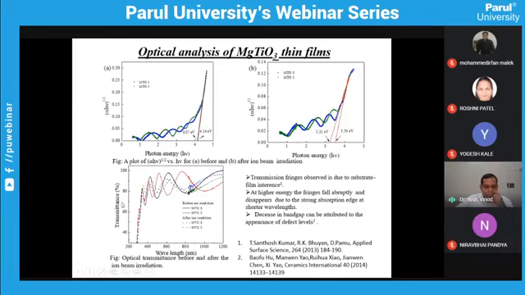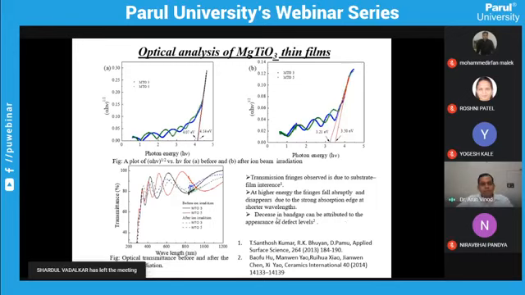We can see some transmission fringes, and this is mainly due to the substrate-film interface. This decrease in band gap can be attributed to the appearance of defect levels.